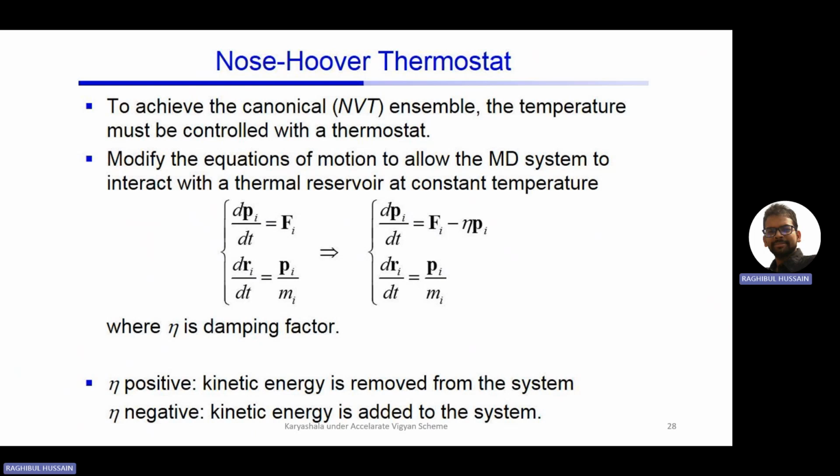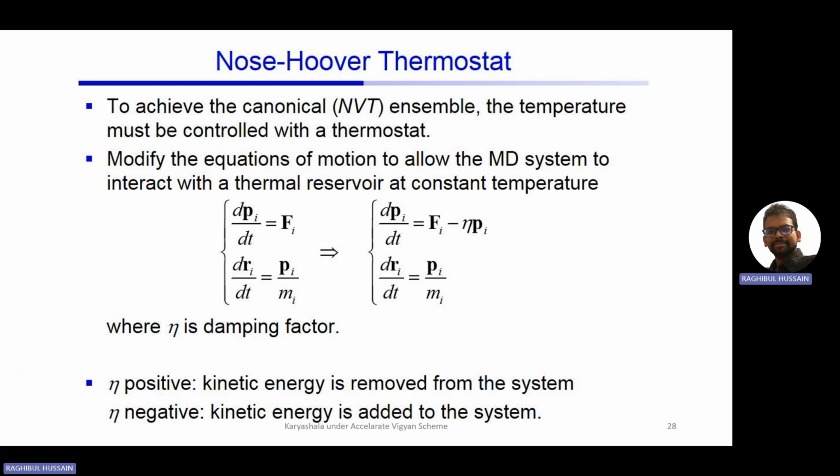Then this is the most famously used, that is the Nose-Hoover thermostat, and it also follows the canonical ensemble. It modifies the equation of motion to allow the MD system to interact with the thermal reservoir at a constant temperature.